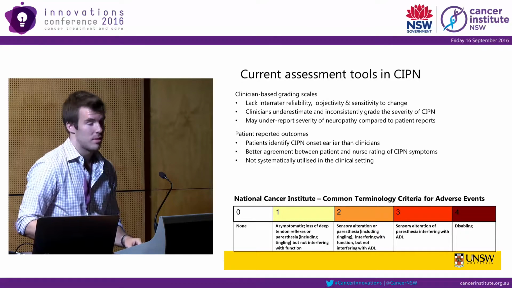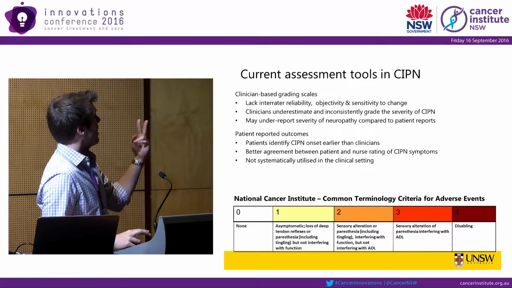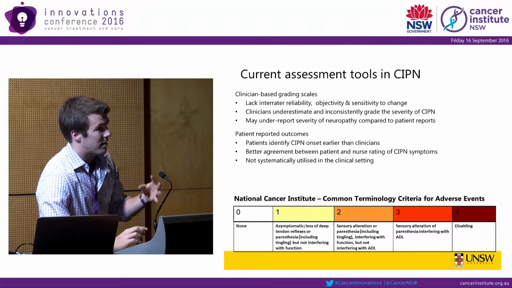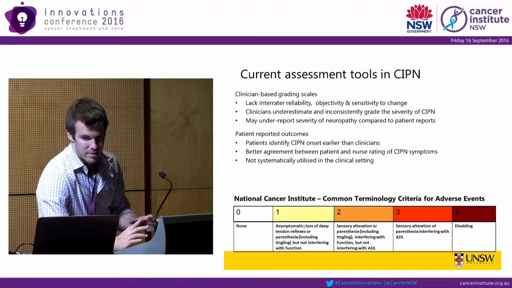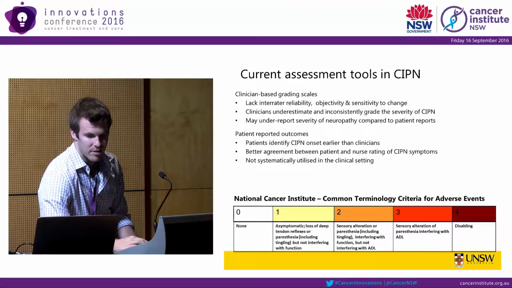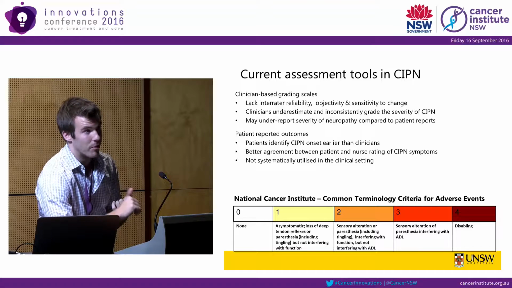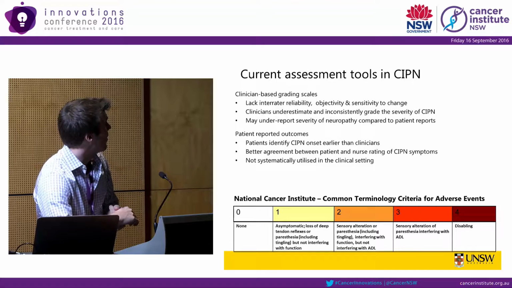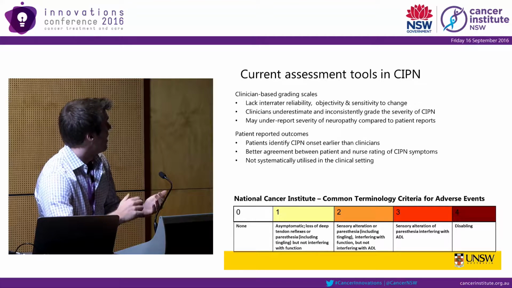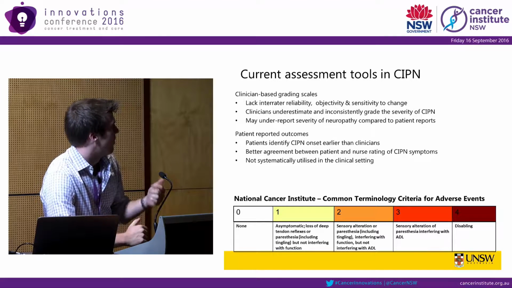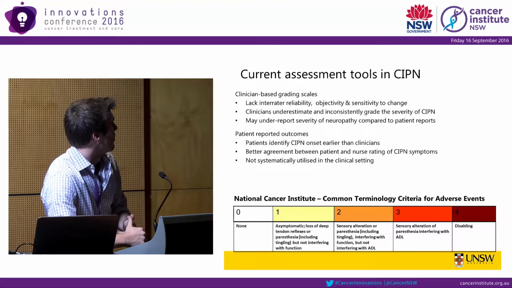Patient reports are the second main category of CIPN assessment tools. They're not systematically utilized in clinical settings due to some barriers, which is what this project is trying to address. However, patients do identify CIPN onset earlier than clinicians on these patient-reported outcome surveys, and there's better agreement between patient and nurse, although not between patient and clinician rating of CIPN symptoms.